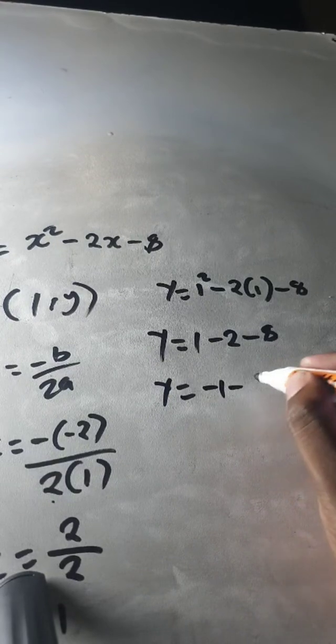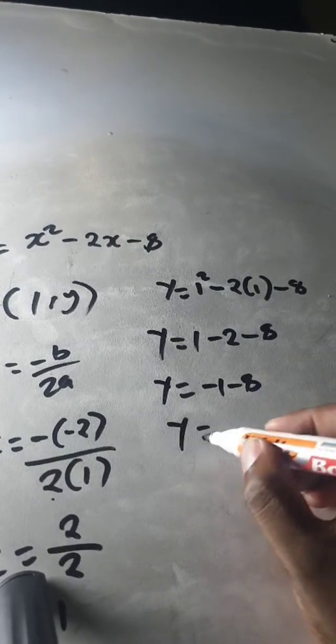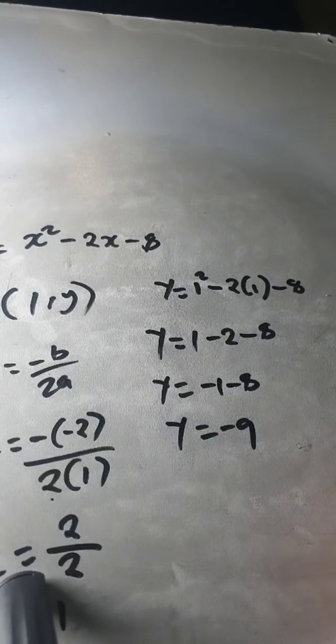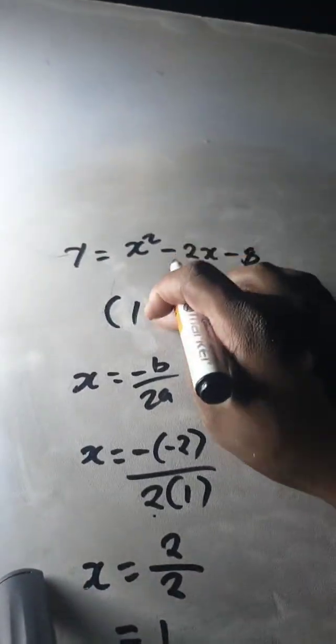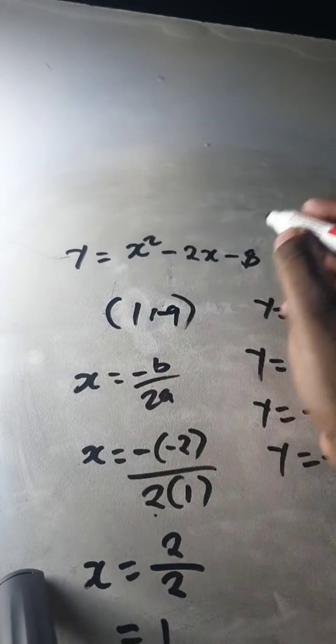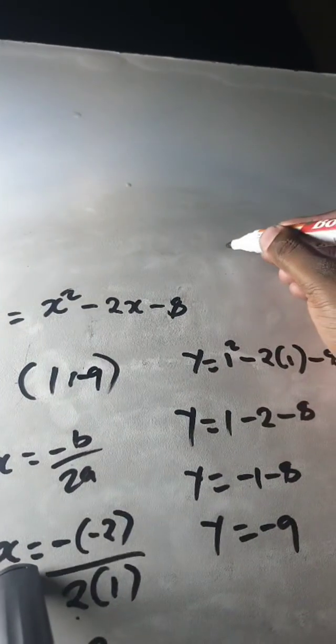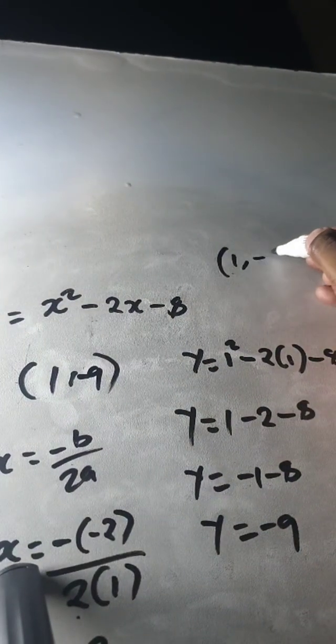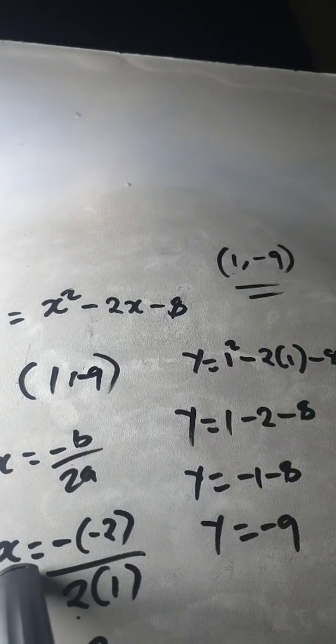So negative 1 minus 8 definitely is negative 9, making our y to be negative 9. So the minimum point will be 1, negative 9.